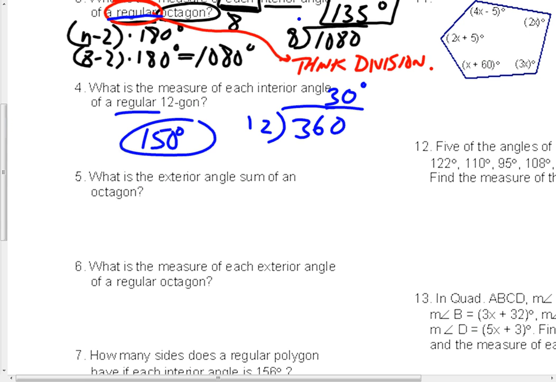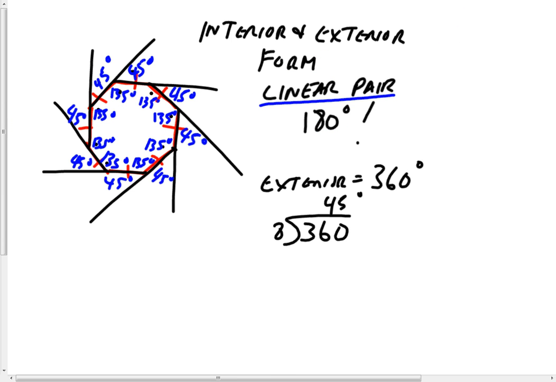Done. I could have done the n minus 2 times 180, got a total, divided that by 12, but if I know 360 is always the total on the outside, why not go through that? Always have a picture in your mind like that of what's going on when you're dealing with a regular figure.